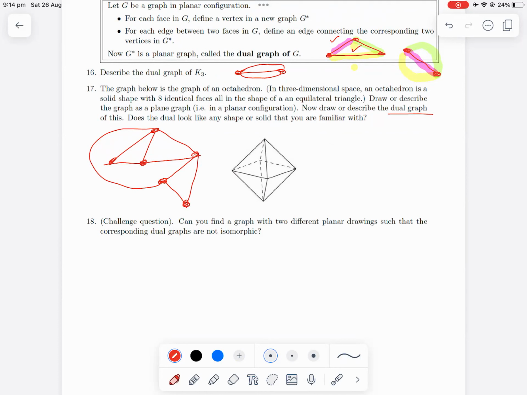And I need to check this one. I couldn't do this one. Let me rethink about that one again.